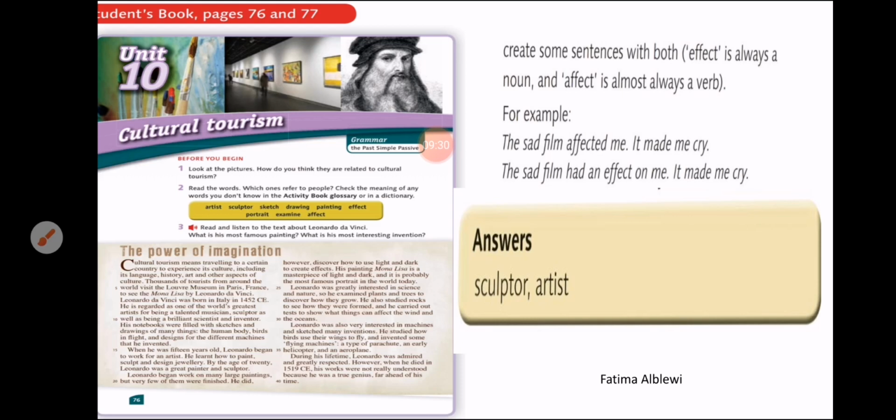By the age of 20, it means after 5 years of experience, Leonardo was a great painter and sculptor. Then, when was he a great painter and sculptor? By the age of 20, after 5 years of experience. Okay.